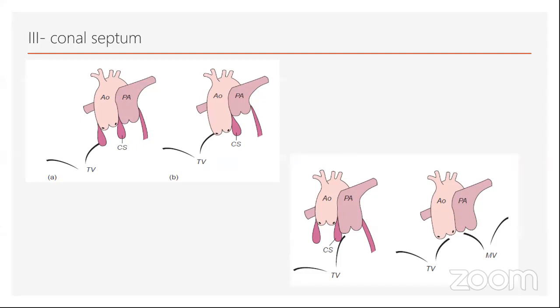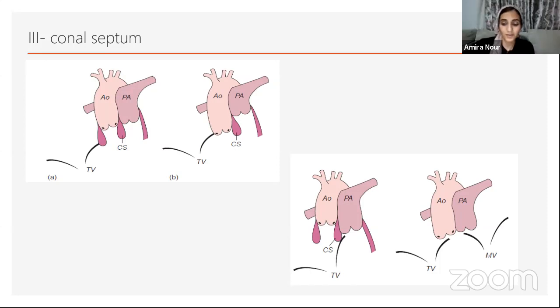Usually with DORV subpulmonic VSD, great vessels are malposed, but again, this is not the essential determining factor for the plan of management. The plan of management depends on where the VSD is in relation to the great vessels, and not the relationship of the great vessels to each other.